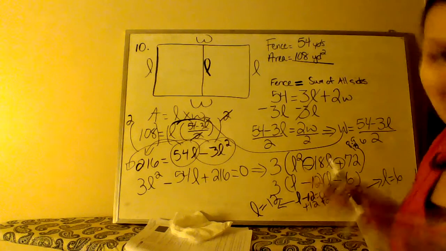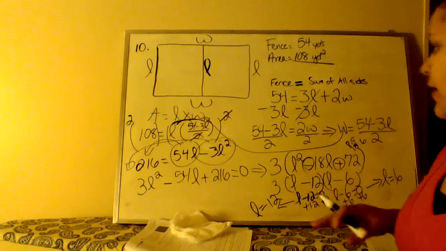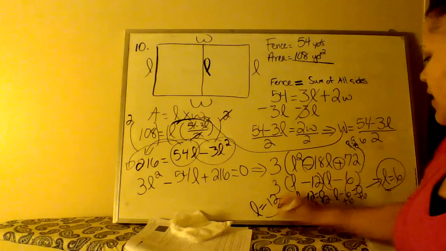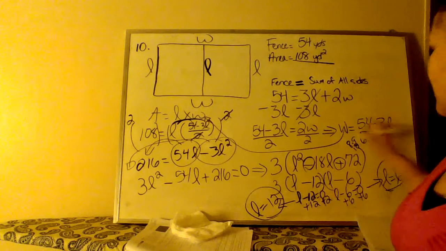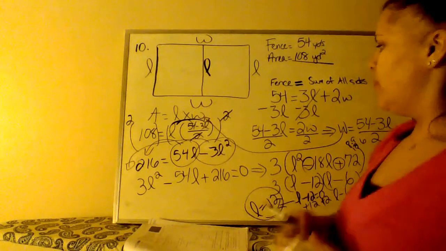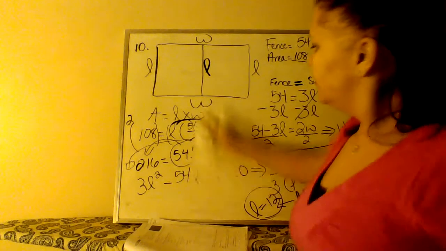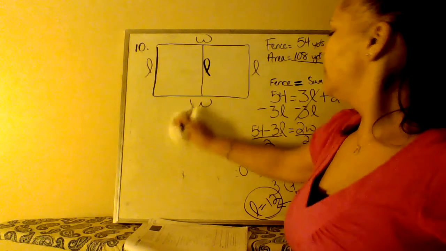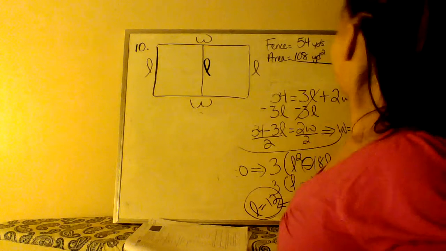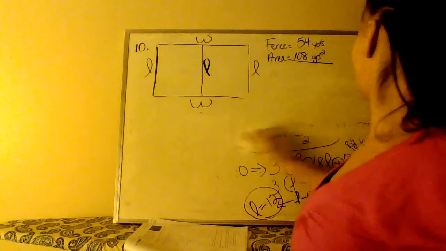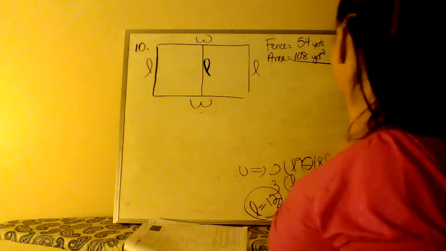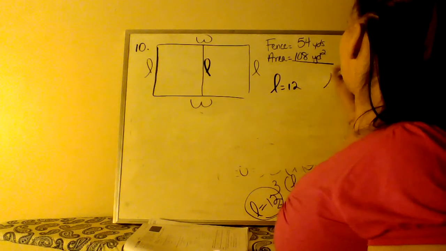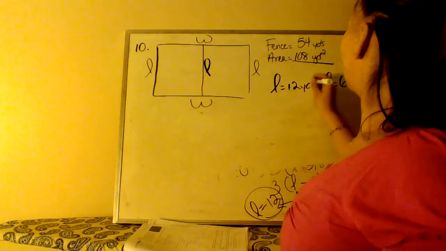So now, my last thing. All I have to do is take the L equals 6 and the L equals 12, and substitute them back into this equation. So let me just clean this up a bit for you. So let me put that L equals 12, and then L equals 6, and we're talking yards.